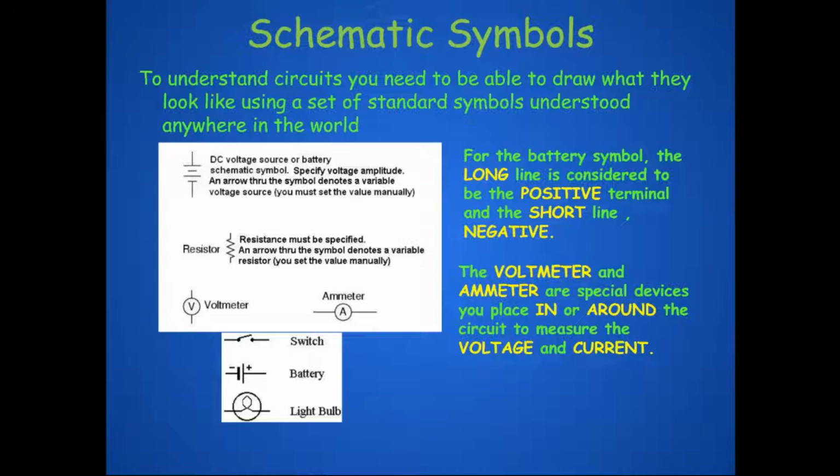For the battery symbol, the long line is considered the positive terminal, and the short line is the negative. The voltmeter and ammeter are special devices you place in or around the circuit to measure the voltage and current. So the battery symbols are noted here. You can see the positive and negative. And then the ammeter and voltmeter symbols would be drawn as such.